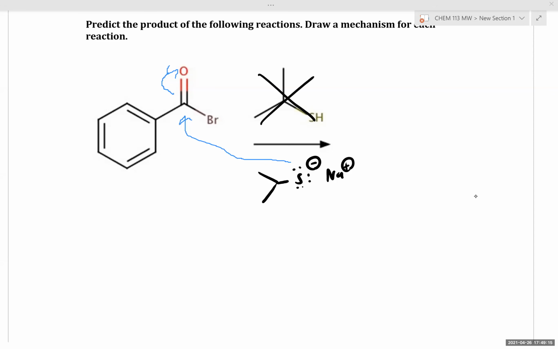Yep, exactly right. Your nucleophilic thiol will attack your electrophilic carbonyl carbon. And from here, we'll make a tetrahedral intermediate.